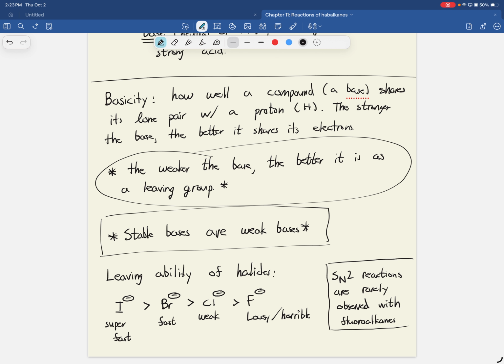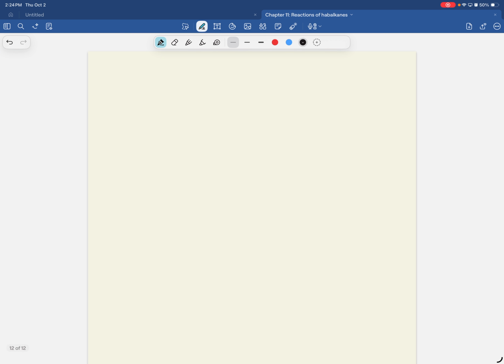So now let's talk about these leaving groups and see how they differ in reactions, okay? So let's turn the page here. Let's do relative reactivities of alkyl halides in an SN2 reaction.